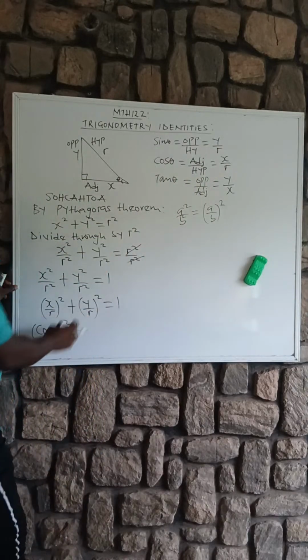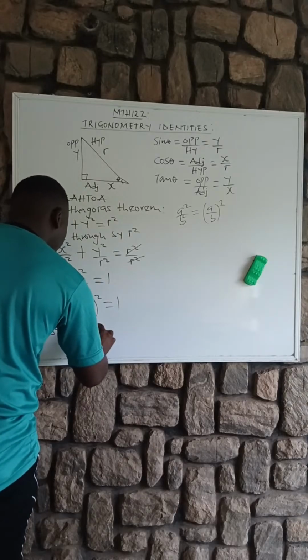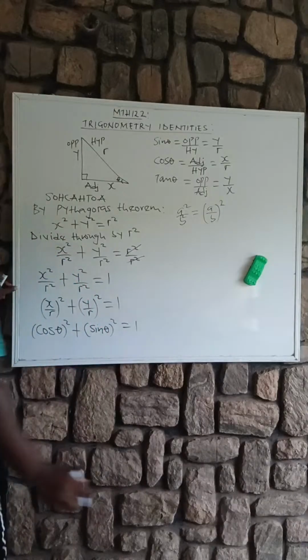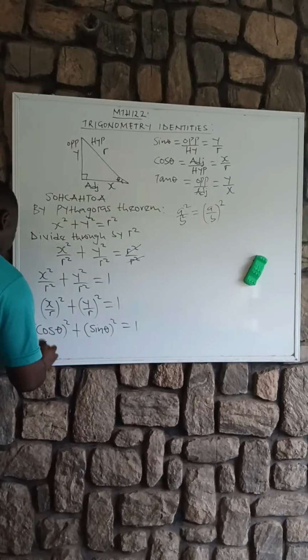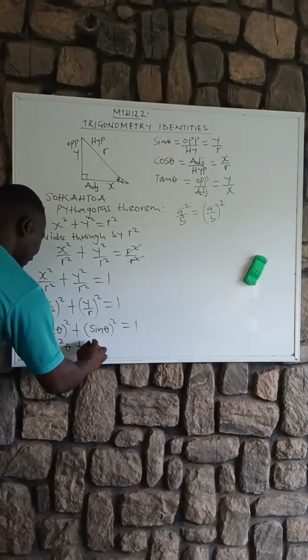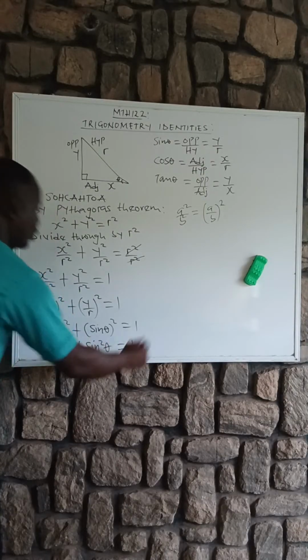Look at it, y over r is sin theta. So sin theta all squared equals 1. You can now see that we can write this in this form: cos squared theta plus sin squared theta equals 1.